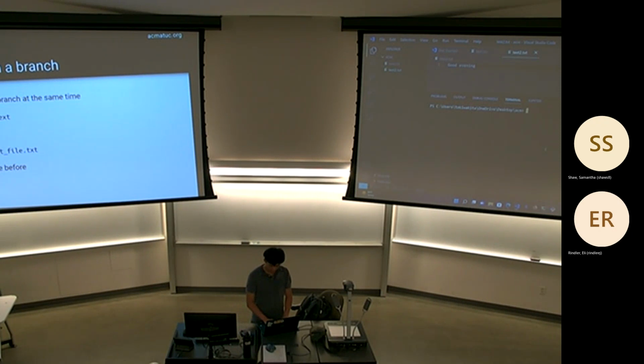I'm going to check out a new branch with checkout -b, called add-text. So I'm on the new branch now, add-text. And I'm going to create a new file called test-branch.txt, with the text "branching school".